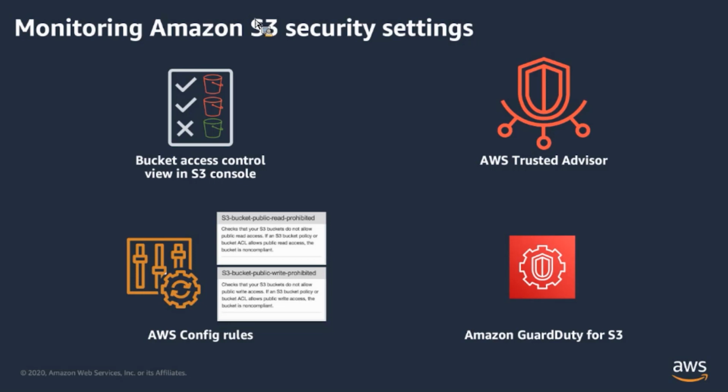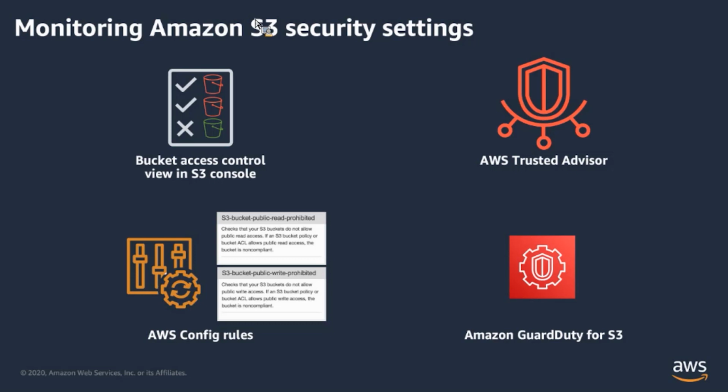AWS Config enables you to assess, audit, and evaluate the configurations of your AWS resources. AWS Config monitors the resource configurations, allowing you to evaluate your recorded configurations against the desired secure configurations. And AWS Config provides several, 14 at last count, managed rules related to S3 security.